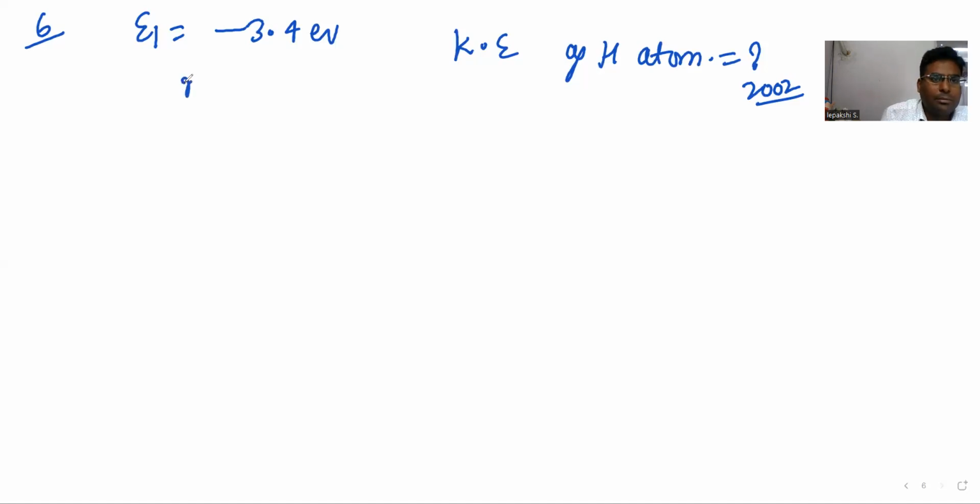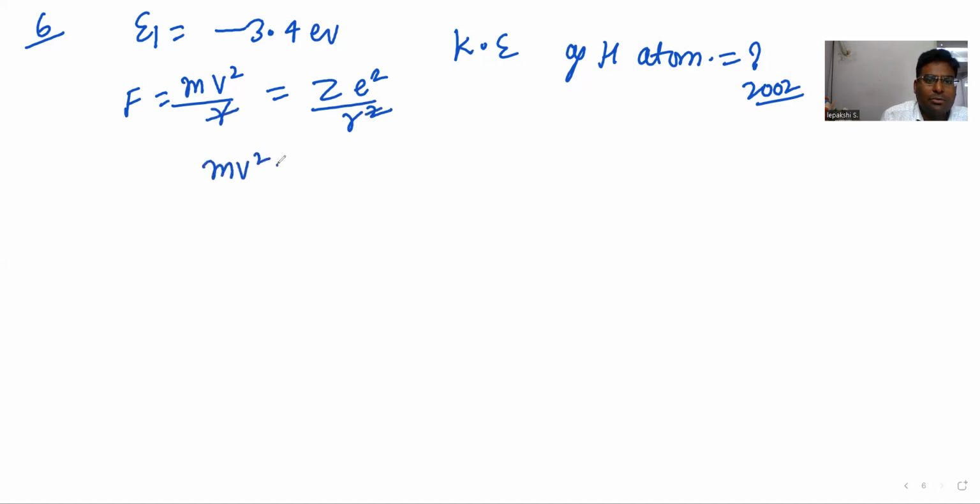We know mv square by r is the centripetal force, which is equal to ZE square upon r square. So 1r and 1r get cancelled, and mv square equals ZE square upon r.